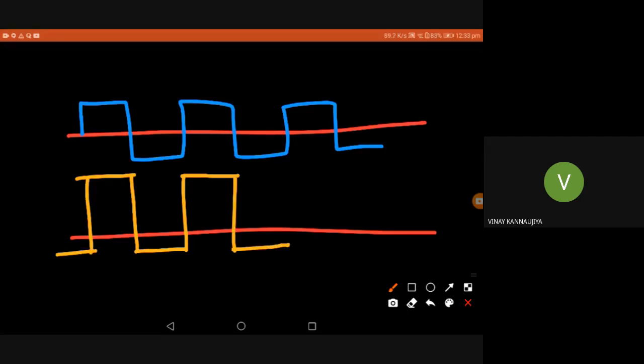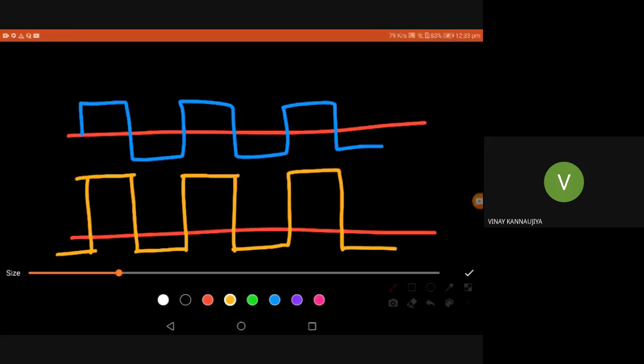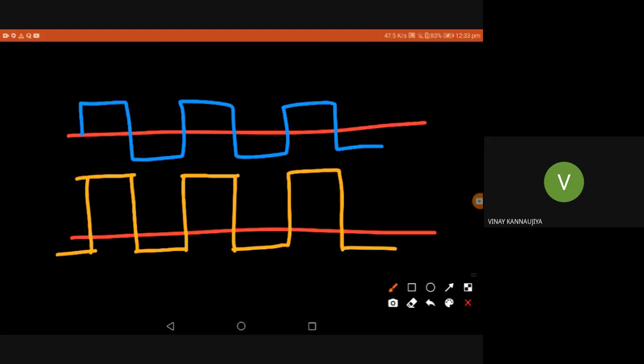Now how much has my voltage been raised, clamped? Initially you can see this was plus 10, minus 10. Now it is plus 16, minus 4.